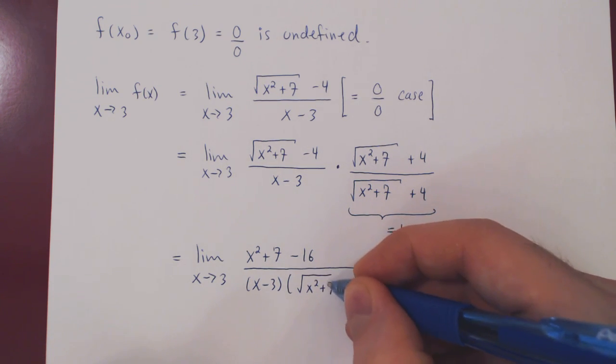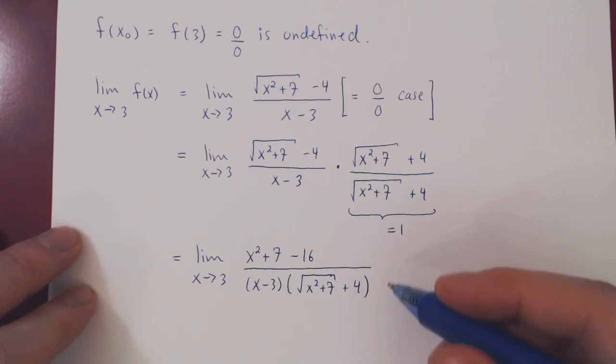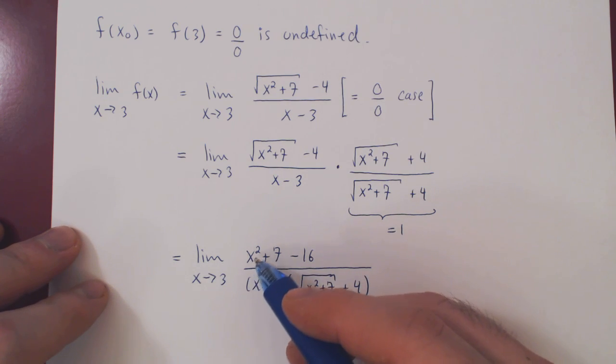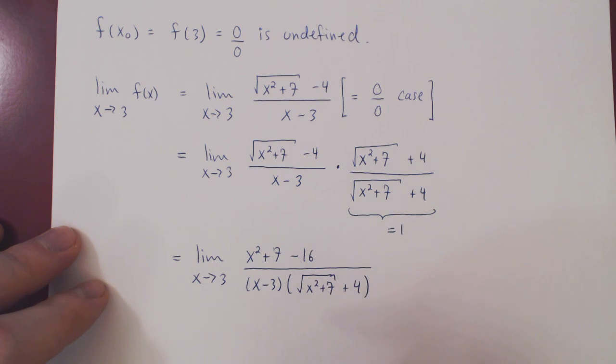But if you notice on the numerator, we get x squared minus 9, which factors as x minus 3 times x plus 3.